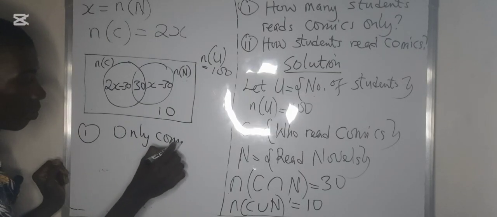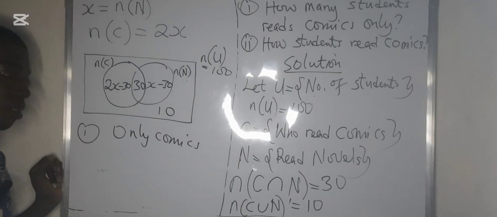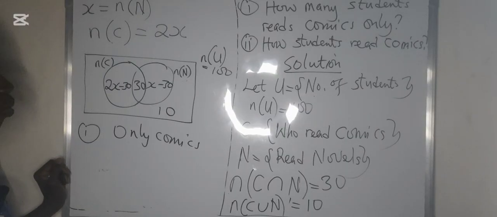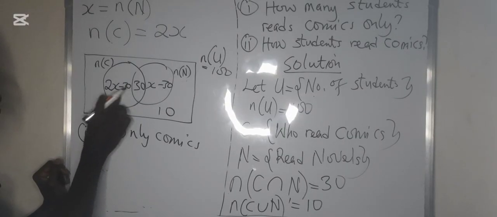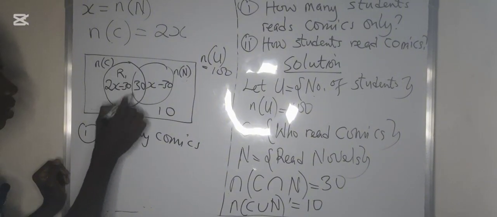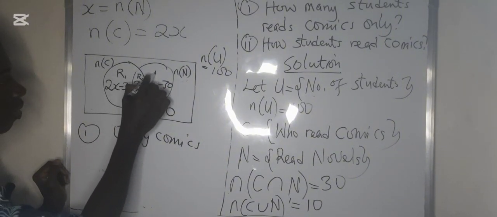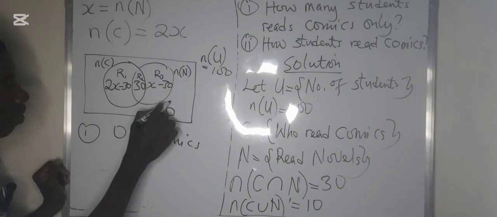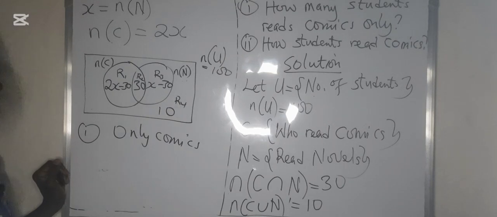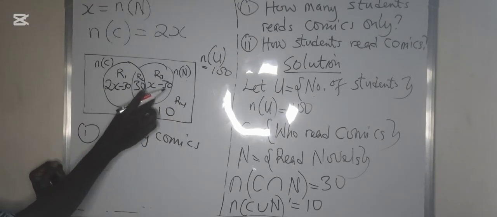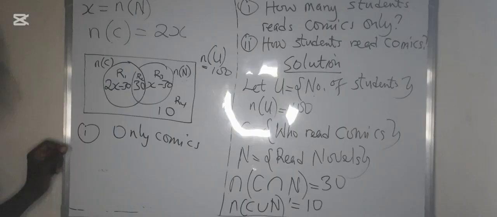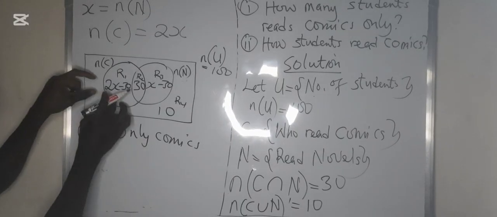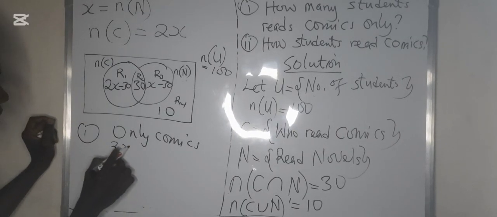The number of students who read only comics is this portion here. This is our first region, second region, third region, and fourth region. Now the number of students who read only comics is this 2x minus 30.